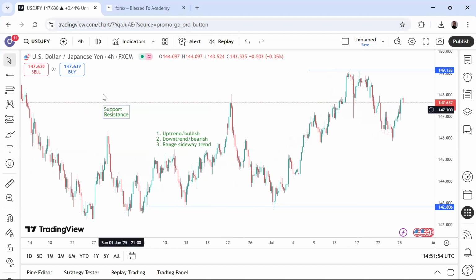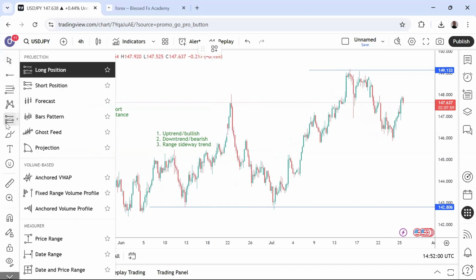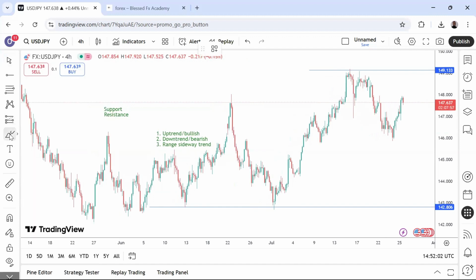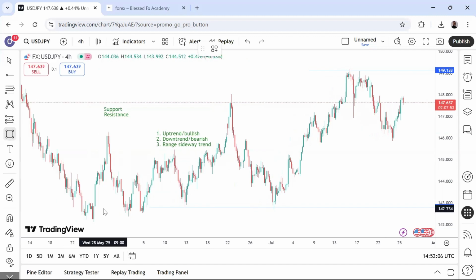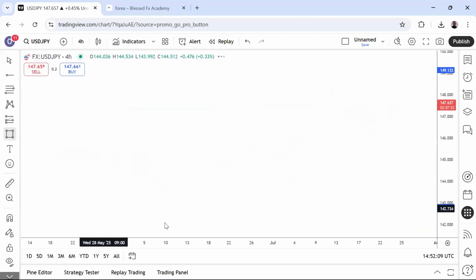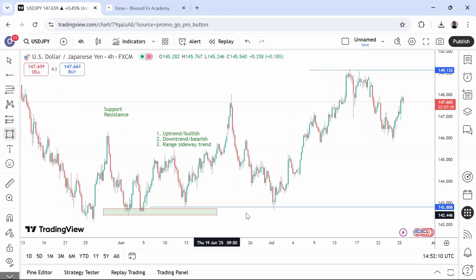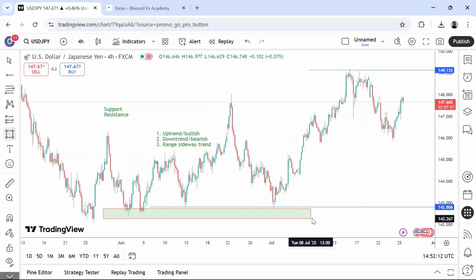You understand? Sometimes we use a band to take note of the zone, right? So with that being said, it is going to look something like this. Traders use it a lot. These are called key layers in the market.